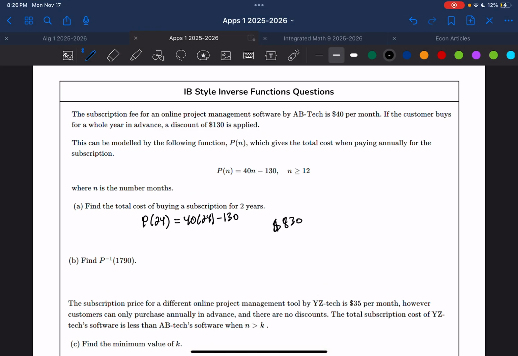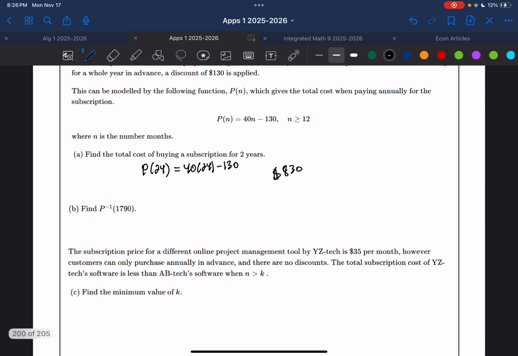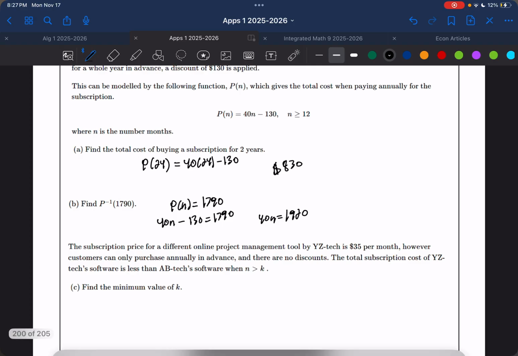If we're looking for the inverse function evaluated at 1790, remember that's like saying for what input value n is the output 1790. So we want to solve 40n minus 130, our original function, equal to 1790, meaning that 40n should be equal to 1920.